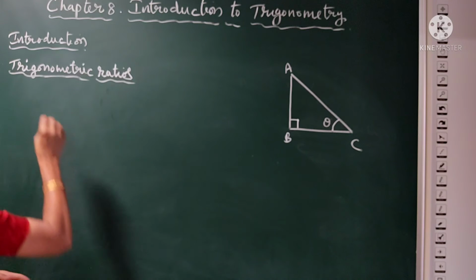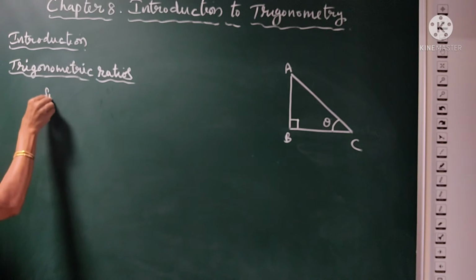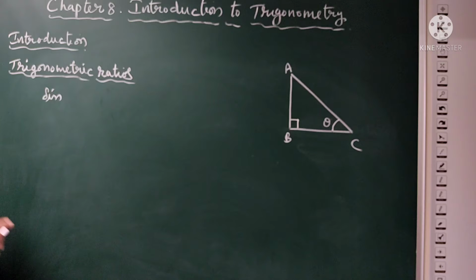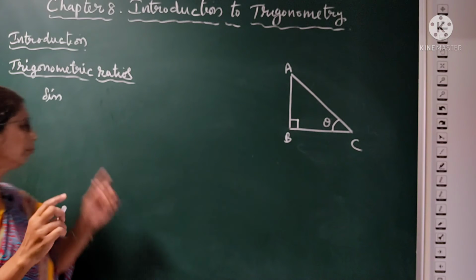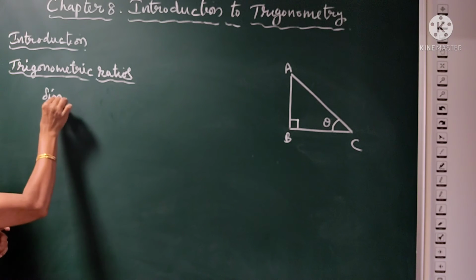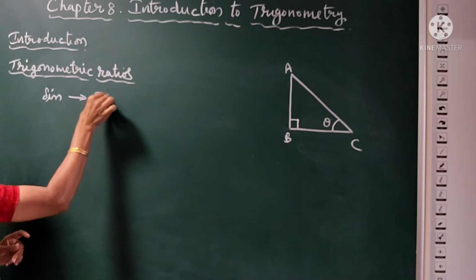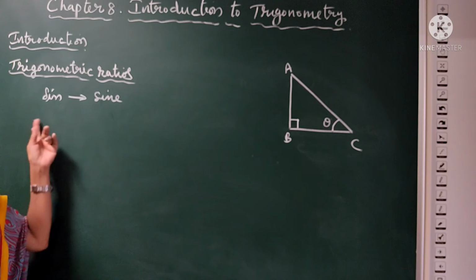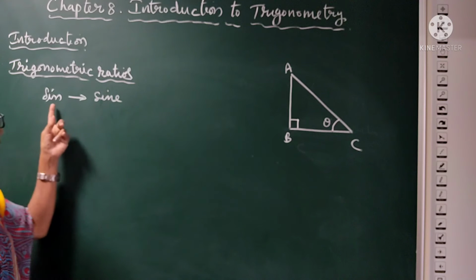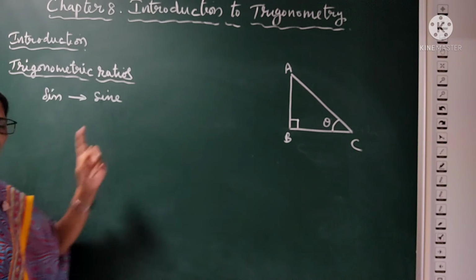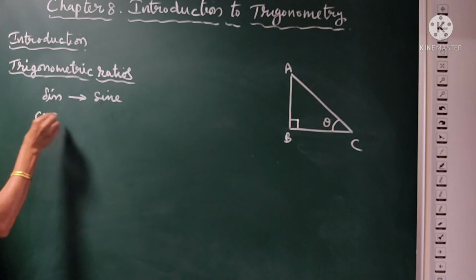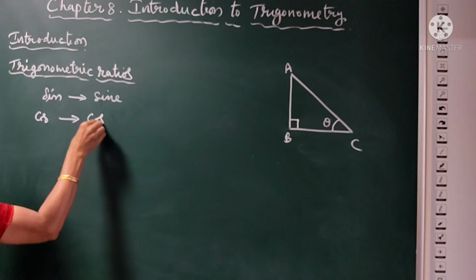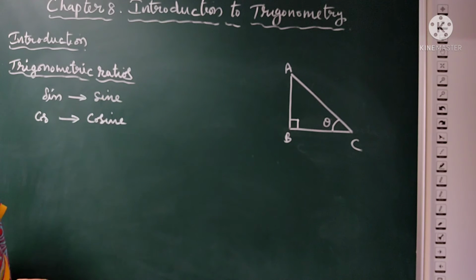We have the trigonometric functions. The first one is sine, simply SIN. What is the full form of sine? This is the first trigonometric function, SIN, the full form is sine. The second trigonometric function is cos, and the full form of this is cosine.